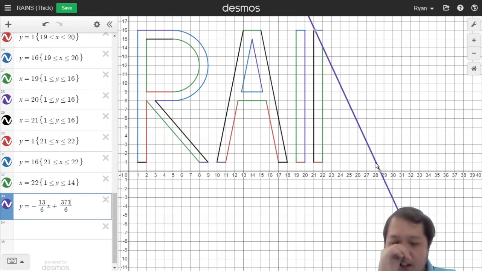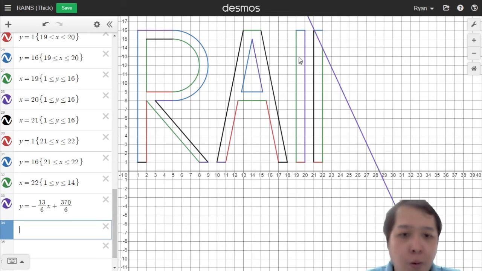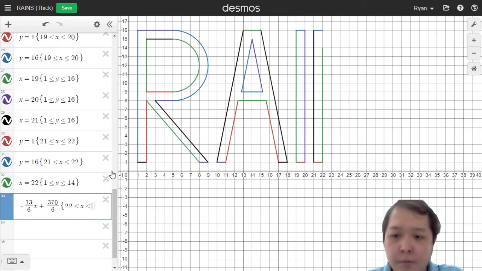Okay, 28 times 13 is what? 280 plus 84. 280 plus 84, 364. Oh, this one should be 370. Okay, wow, amazing. And the interval, almost forgot. This one is easy because we will follow the x or y part either way.